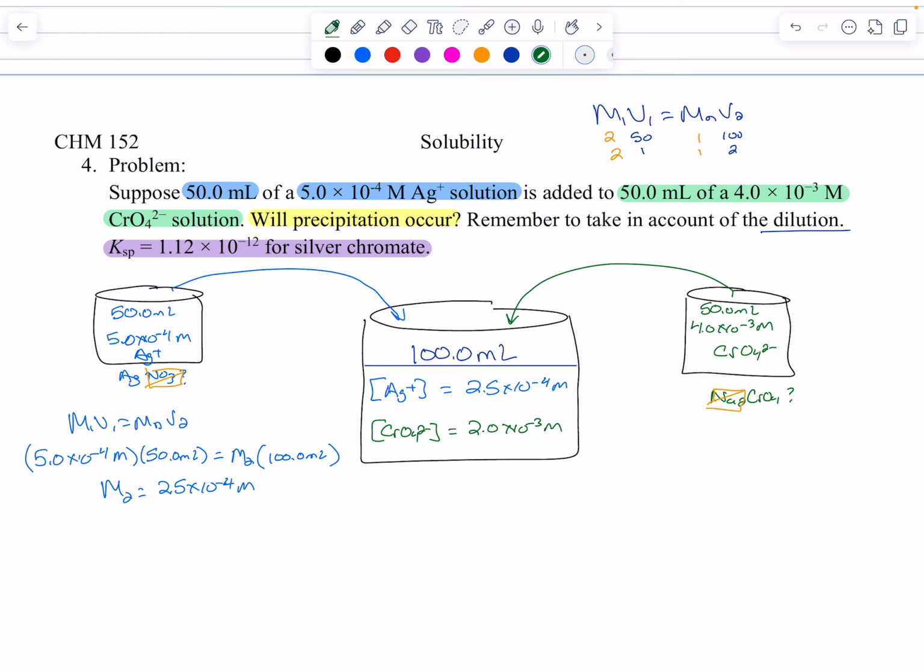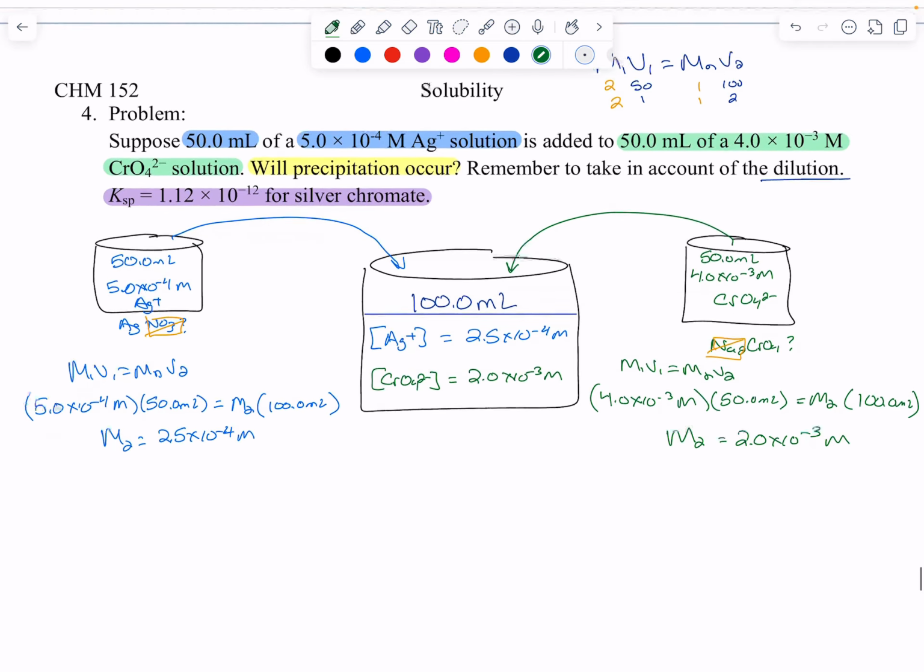Same thing happens with chromate here, right? M1V1 equals M2V2, right? And so you would have 4.0 times 10 to negative third molar, 50 milliliters, M2, 100 milliliters. And so M2 is 2.0 times 10 to negative third molar.